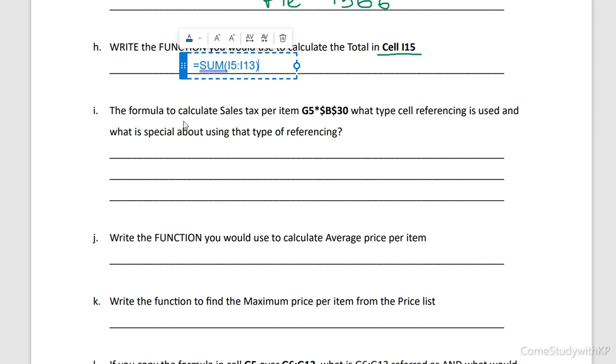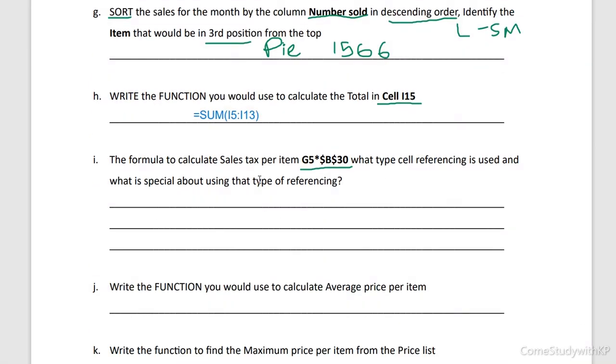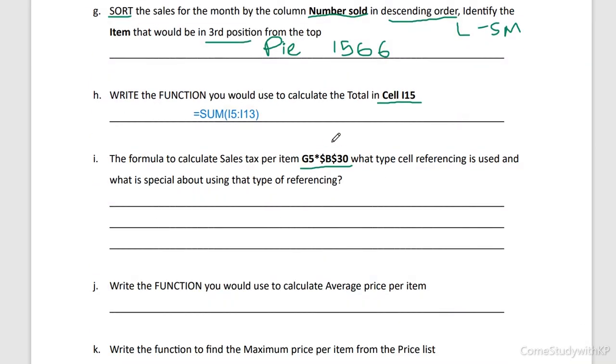The formula to calculate sales tax per item is G5 times B30. What type of cell reference is used and what is special about using this type of reference? We spoke about it already, right? We see that it's using absolute cell reference. What is special about absolute cell reference?